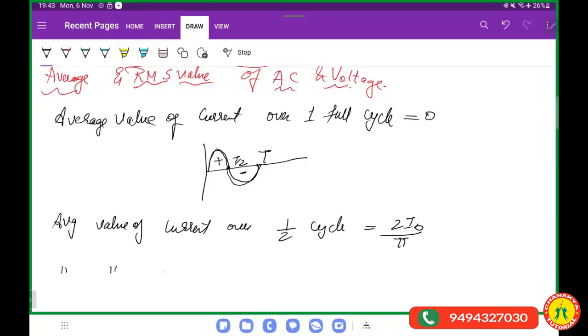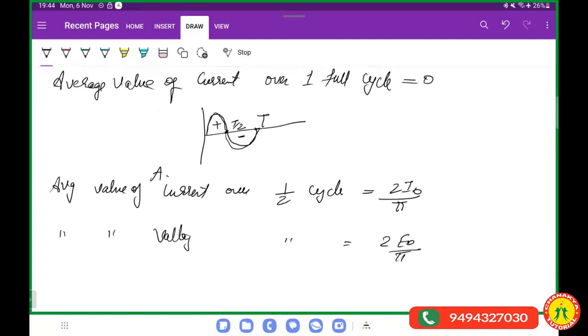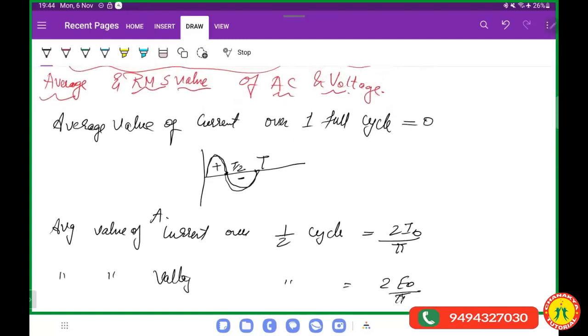In the same way, average value of alternating voltage over half cycle will be 2 E naught by pi. E naught and I naught are peak values. So let's do like that. Tomorrow we'll do root mean square value, I mean to say RMS value. Anyhow, sir will start the class. Okay, so in between itself it will be getting over. So better we stop it here.